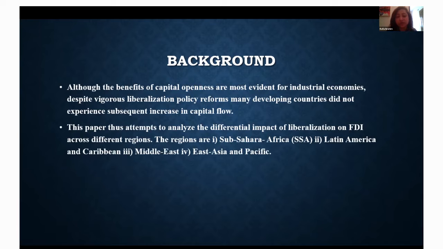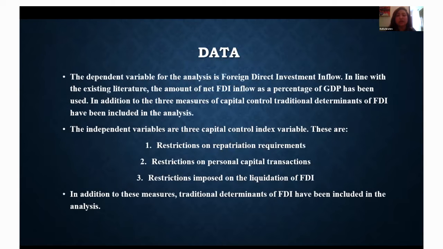Along with that, we have also studied the regional impact of capital control over foreign direct investment. My sample actually includes 4 different regions, which are Sub-Saharan African countries, Latin American and Caribbean countries, the Middle Eastern countries, and East Asia and Pacific. The data ranges from 2000 to 2019.